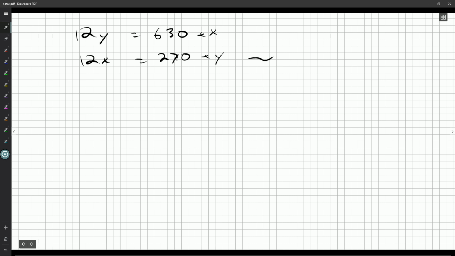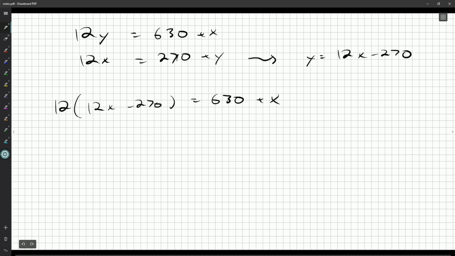Let's rearrange this one here and say y is 12x minus 270. And then this should give us x.